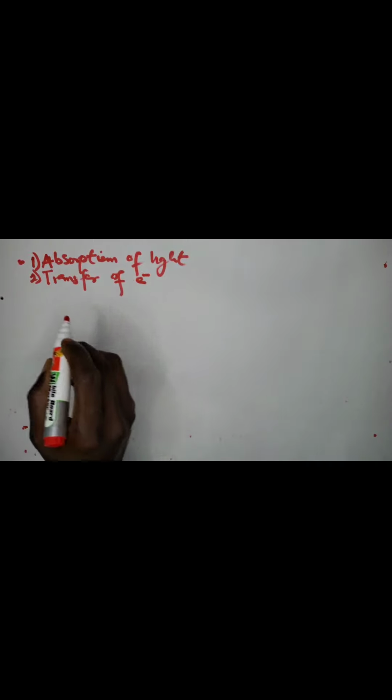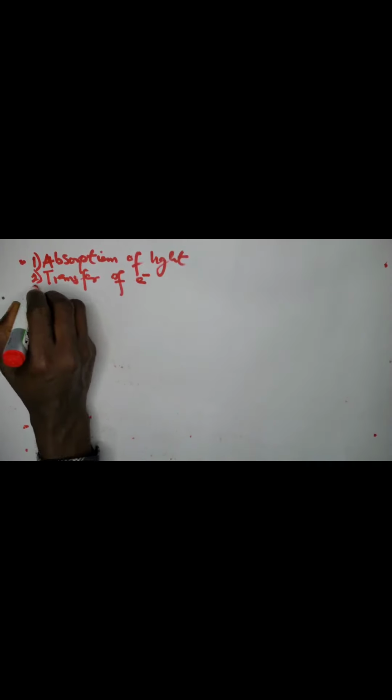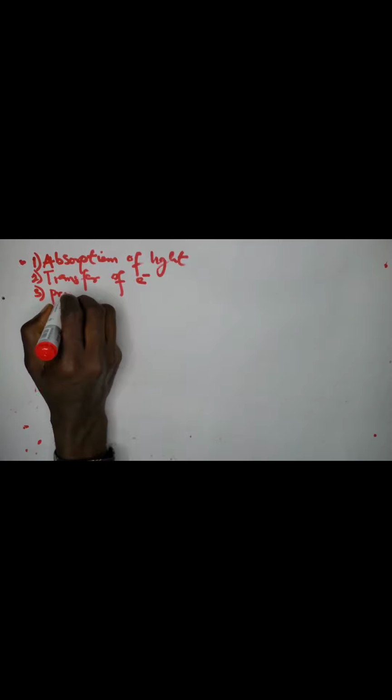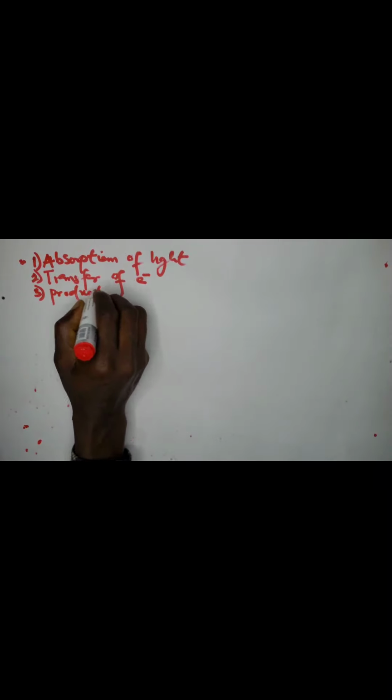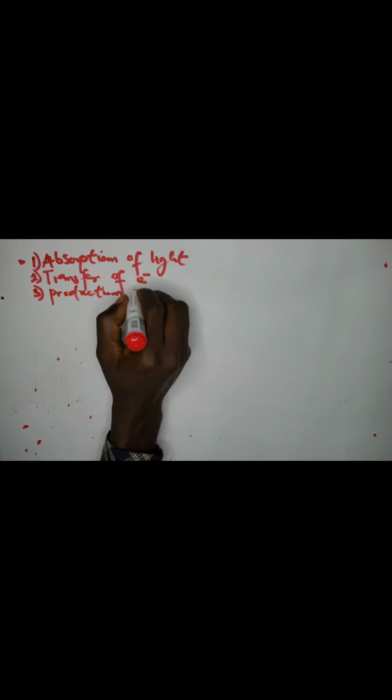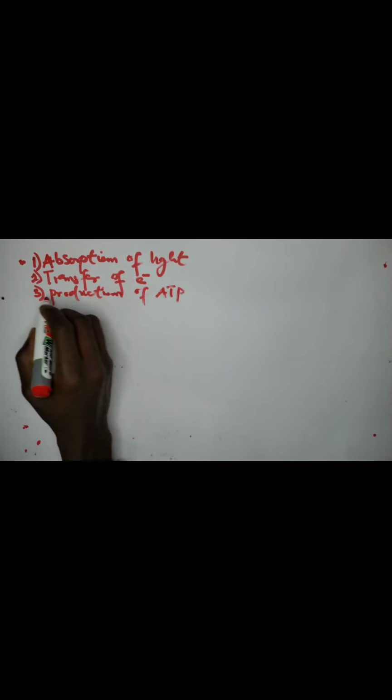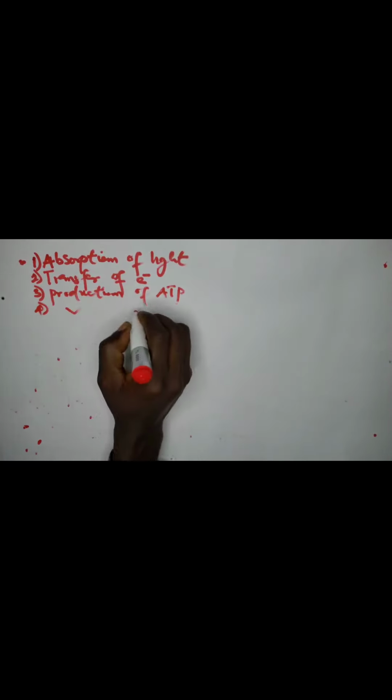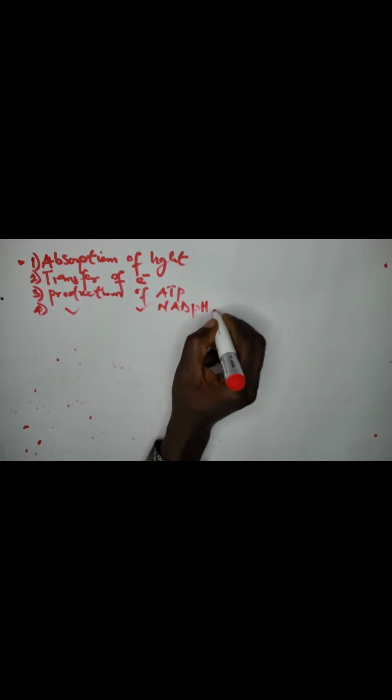Let's represent electron by that. And number three, we have production of ATP, and number four, production of NADPH2. Now I want to look at the mechanism of how all these things take place.